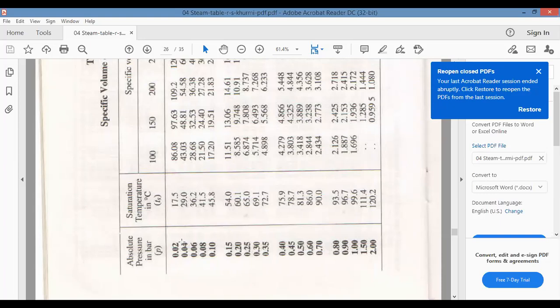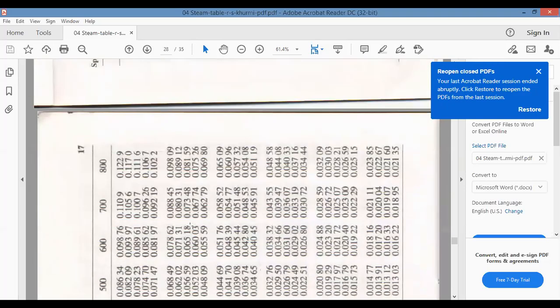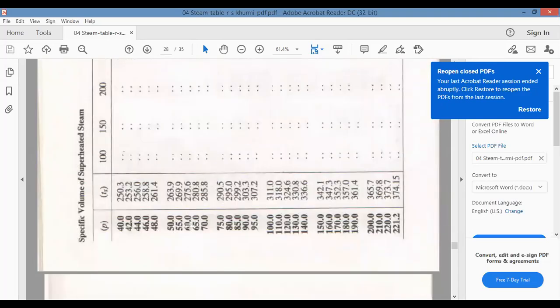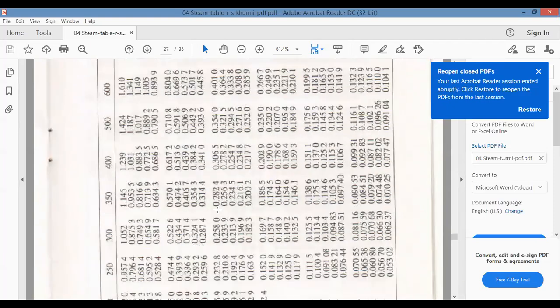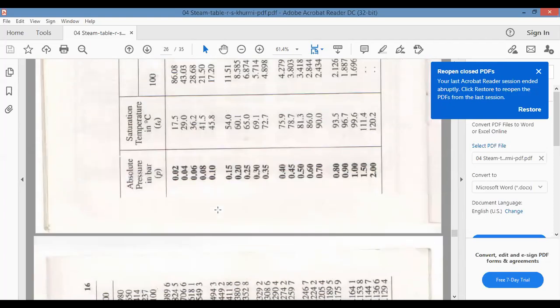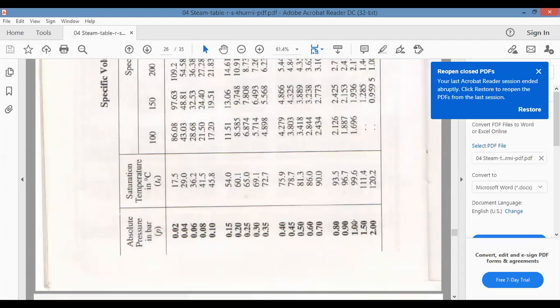For example, if the steam is superheated, we'll take a familiar example. We'll take atmospheric pressure so that you'll appreciate what I mean to say. If you take a pressure of 1 atmosphere, approximately 1 bar, you know that the boiling point is around 100 degrees centigrade.